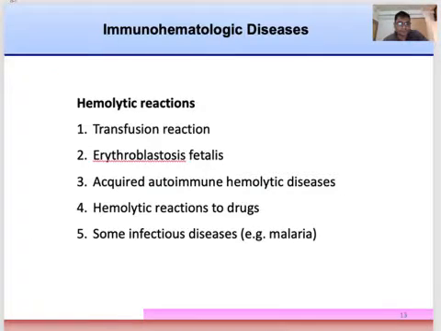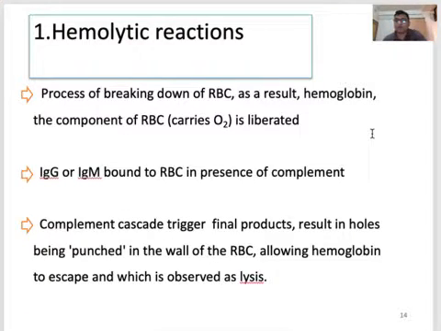First, what a hemolytic reaction is, we already know. Hemolytic reactions mean that by these reactions, the RBC breaks down. When the RBC breaks down, the hemoglobin of the RBC gets released from the RBC.